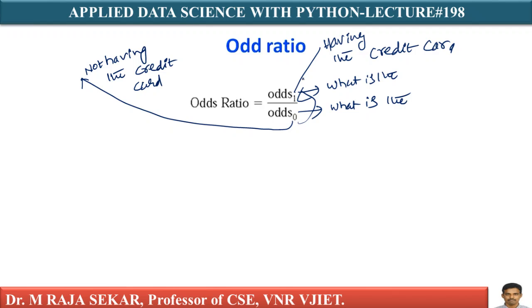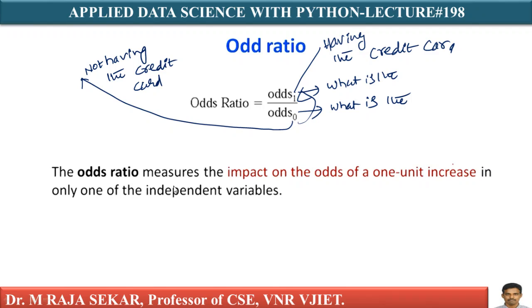So, the odds ratio measures the impact on the odds of a 1 unit increase in only one of the independent variables. Here, which one is the independent variable? Credit card is the independent variable.